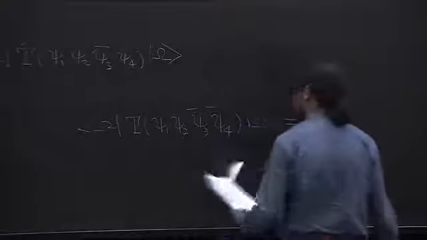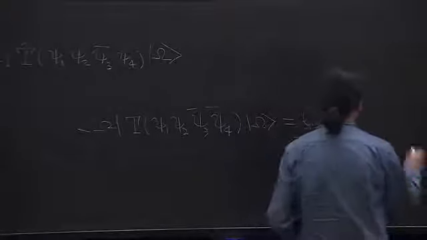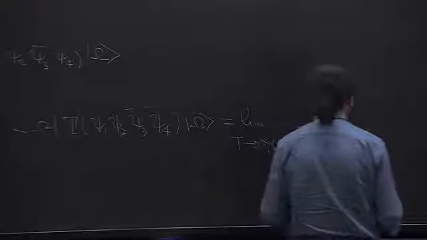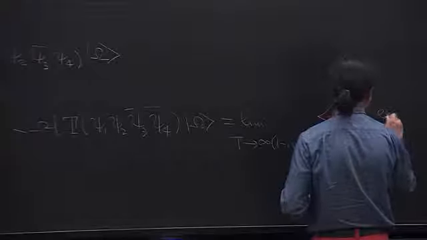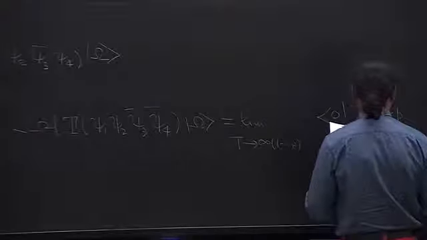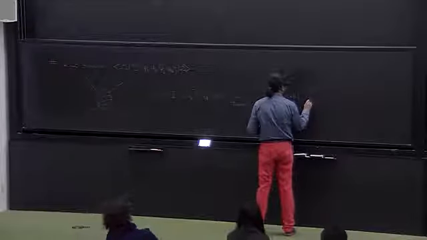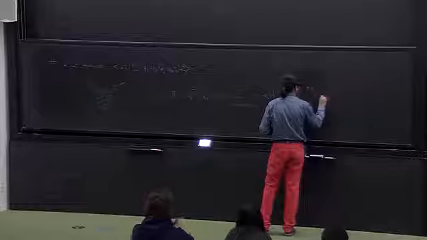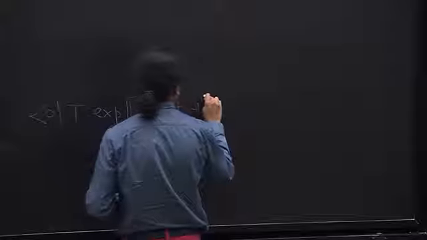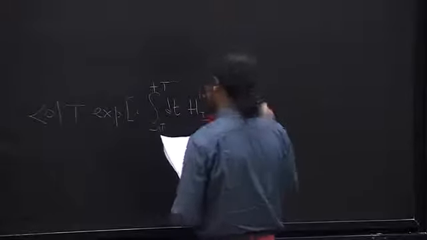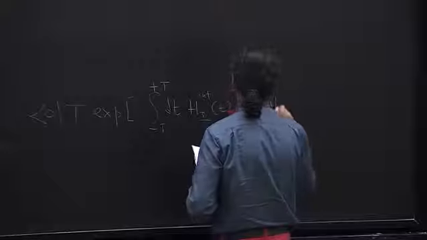And then we can project this to an interaction picture formula which involves the Dyson series. Here is our interaction Hamiltonian in the interaction picture. And then we have the original.